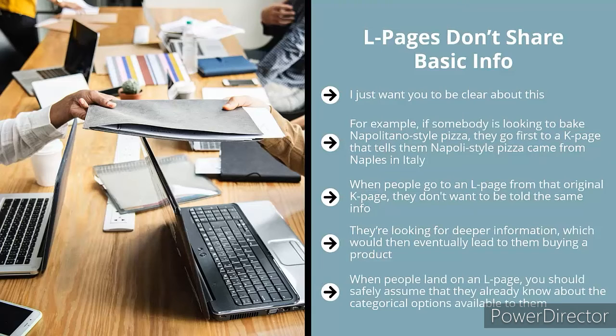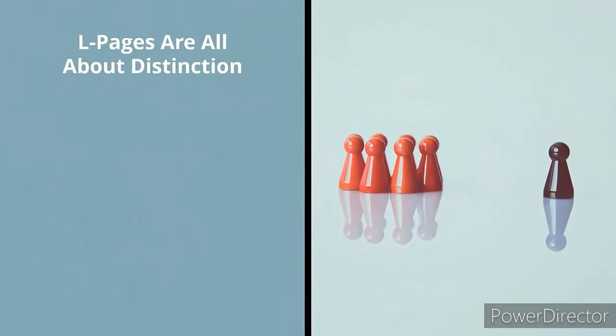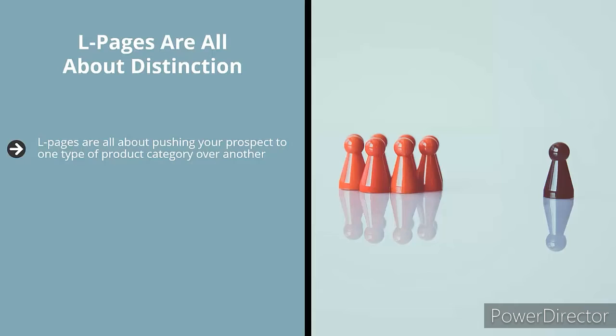When people land on an L page, you should safely assume that they already know about the categorical options available to them. L pages are all about distinction. L pages are all about pushing your prospect to one type of product category over another. In other words, since a reader ended up on your L page, they already think you are credible to a certain degree.